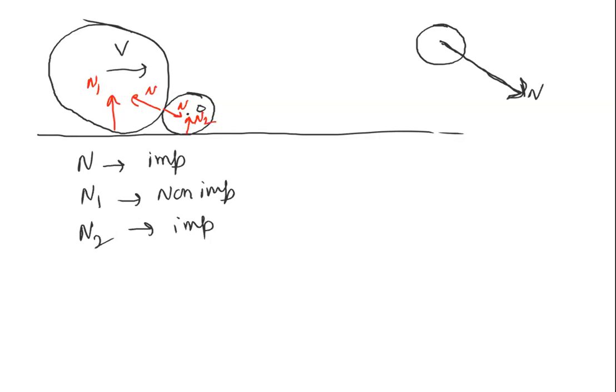In other words, I can say that this impulsive force has got a horizontal component which will result in an immediate escalation of the horizontal velocity of the object, and it has got a vertical component which will result in an immediate change in the vertical velocity of the object.